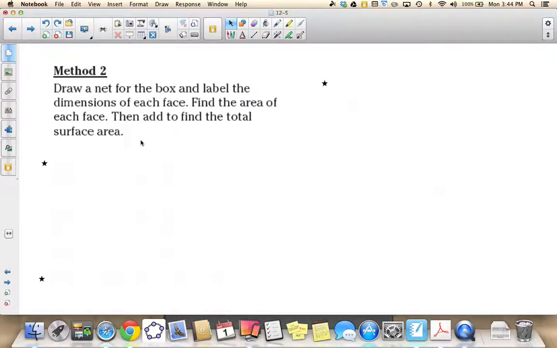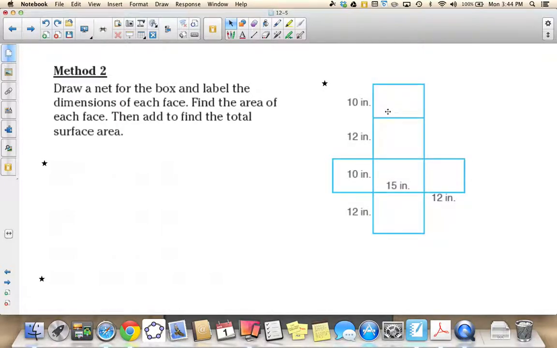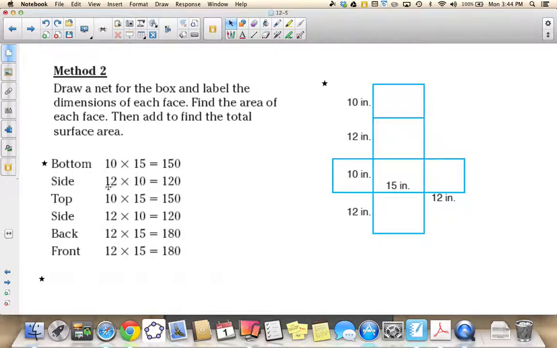Method 2 is similar, but instead of looking at it in a three-dimensional figure, we create a net for our box. And this is how the net of our box would look. We label the dimensions of the length and the width of each of the faces, and this is what we get.